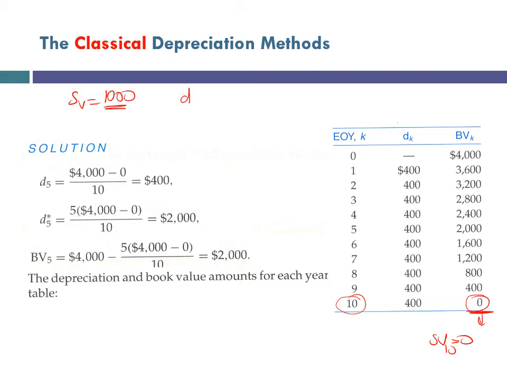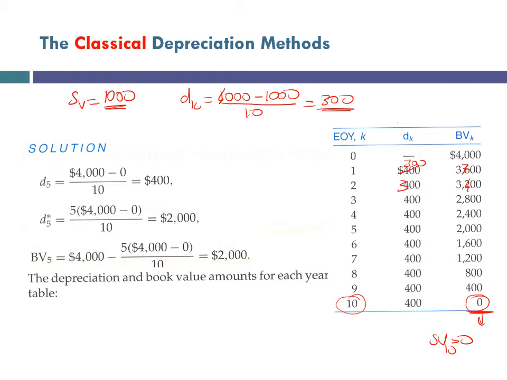We calculate DK as 4,000 cost basis minus salvage value divided by the number of years, which is 300. Now in this case, in this table, when we fill it, we subtract 300 from here and it will be 3,700. Another 300 and it will be 3,400 and etc.